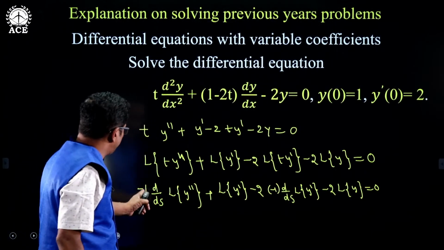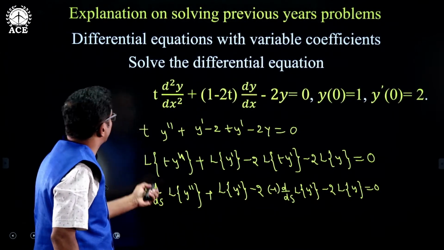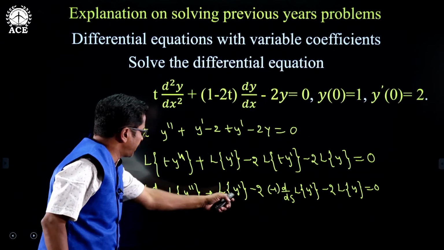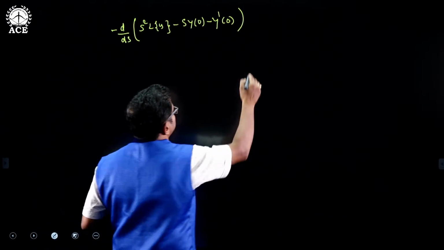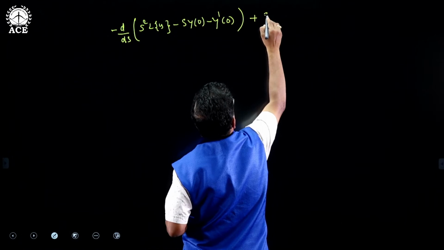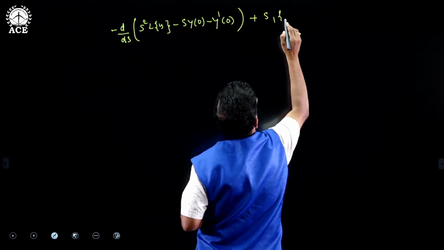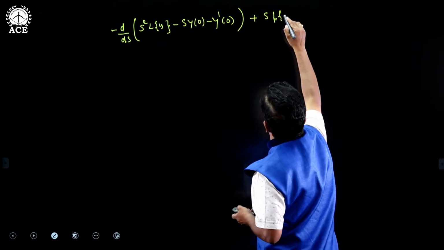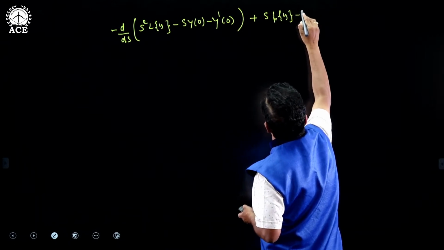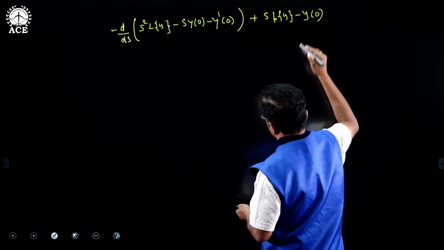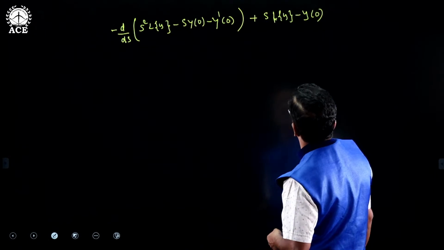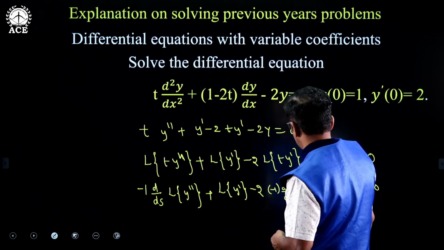Okay, minus d by ds of L of y double dash I wrote. Next, L of y dash I have to write: s into L of y minus y of 0.